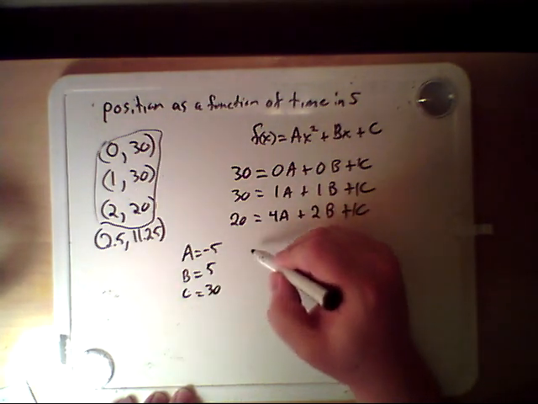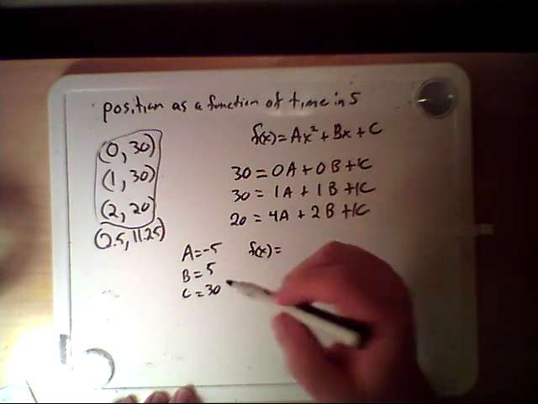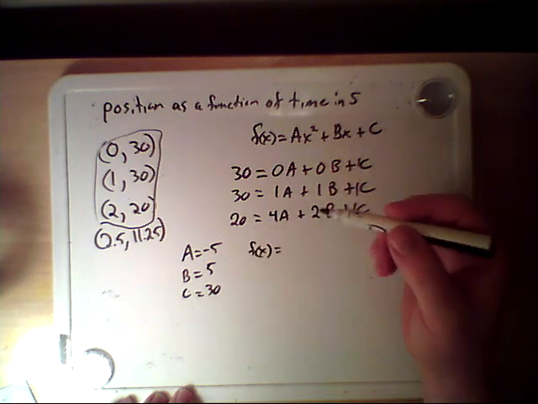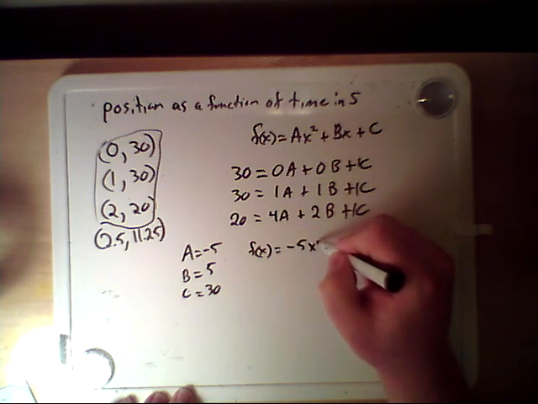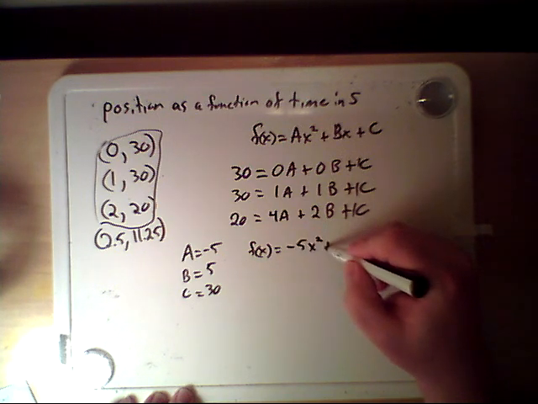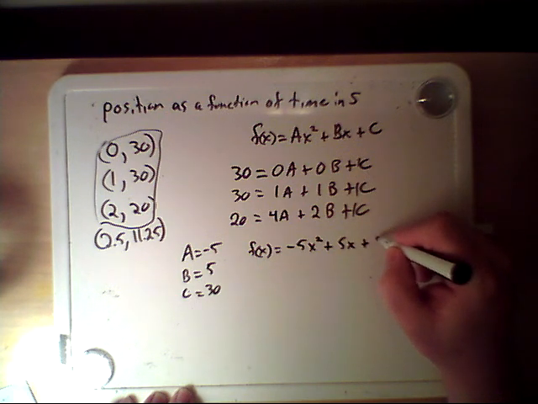So that means f(x), which describes this rock's position above ground as a function of time, is going to be -5x^2 + 5x + 30.